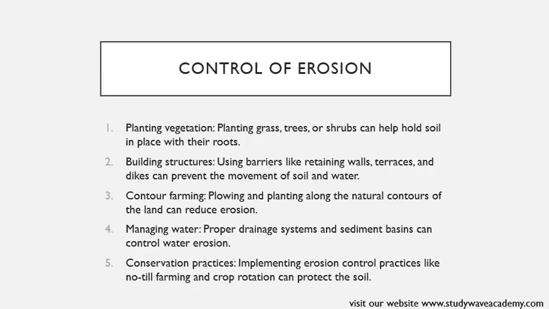Good. So we understood today's lesson on erosion, right? We talked about the meaning of erosion. We said it's when soil or rocks are slowly worn away by wind, water, or ice. And we talked about the effects of erosion.